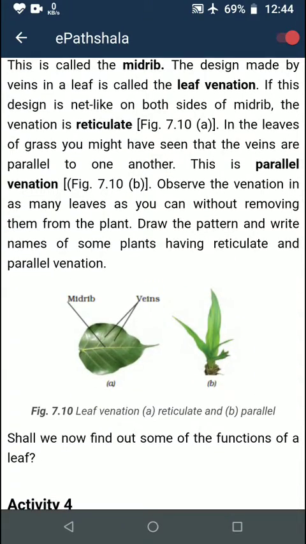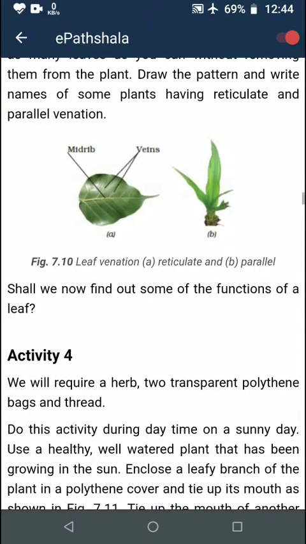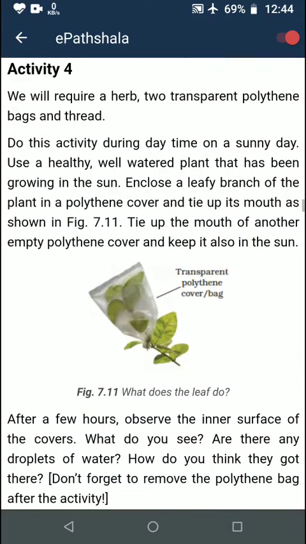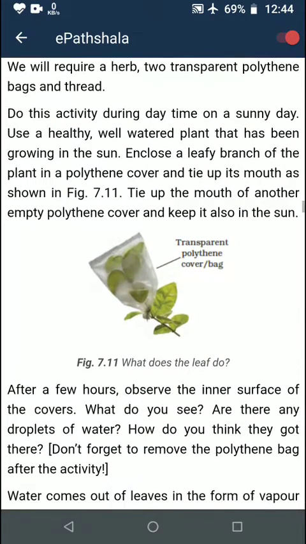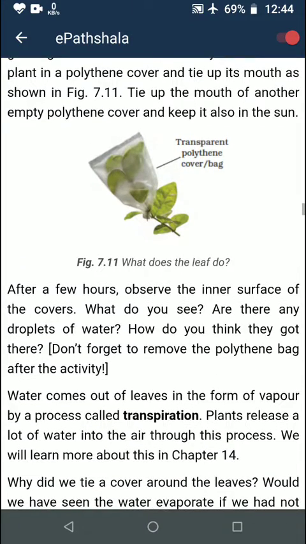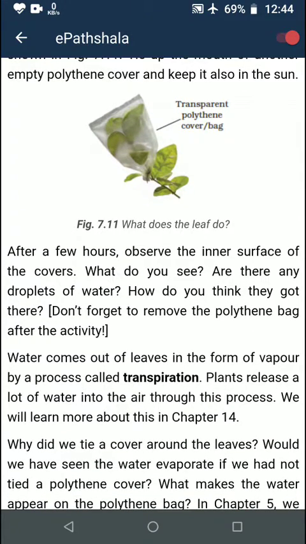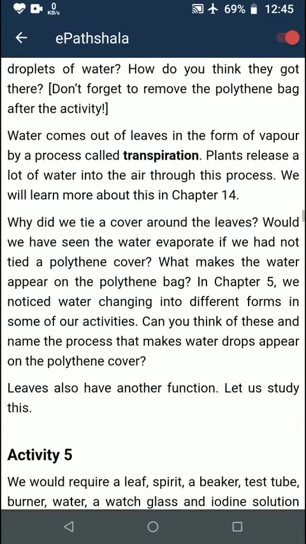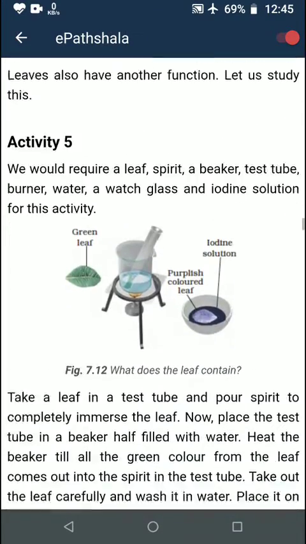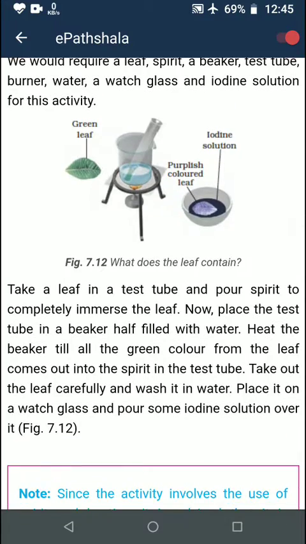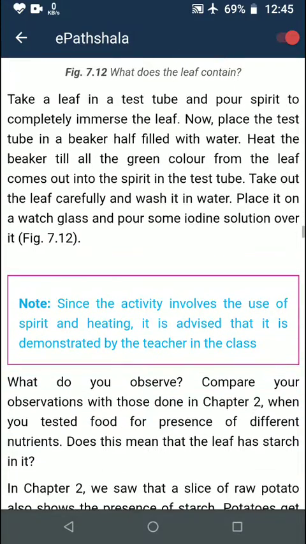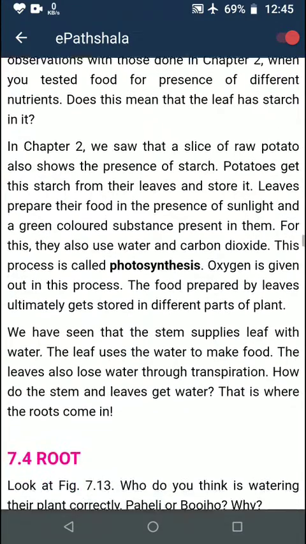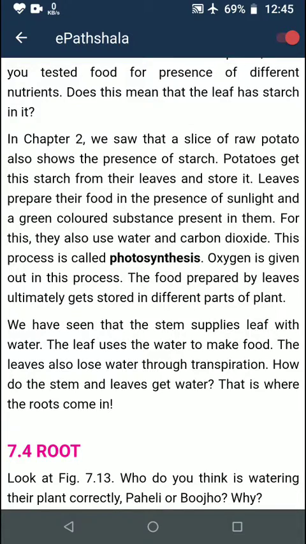Midrib and vein of the leaf are shown here. What does the leaf do? Function of leaves. What does the leaf contain? What is photosynthesis?